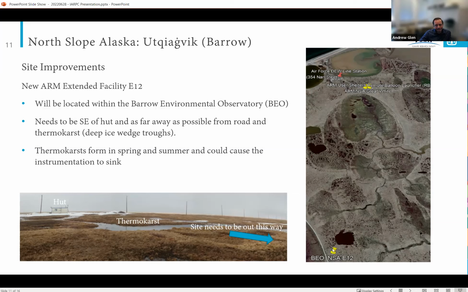It's pretty rudimentary what's available, but we're working to get power and data and comms to this site as well so that we can telemeter data back to the NSA site. This will be a new environment where we can take measurements that are more inland, less coastal. Some of the PIs that we're working with are seeing examples of more inland changes to things like snow accumulation and snow melt. This is something that we've really put in this last year, and we're moving towards increasing the usage of.